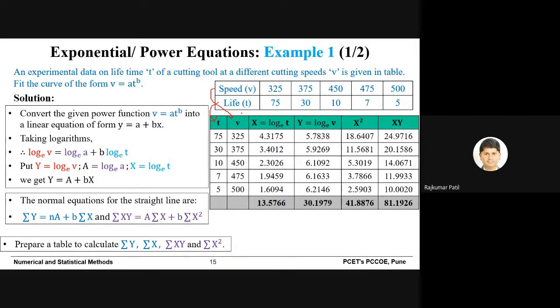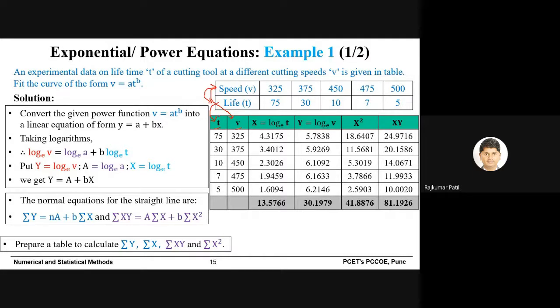The confusing thing is that generally v is given in the latter part and t in the first part, or first and second row correspondingly. But here we need to find out which is independent and which is dependent. So the lifetime depends on the cutting speed.